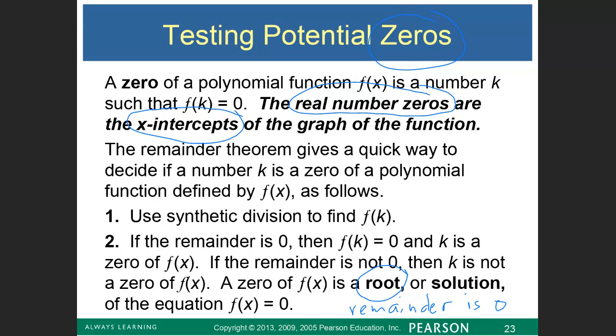So in order for you to check your answer also, you may graph your f of x, and you can see the x-intercepts. Those are your real number zeros. So let's have an example.